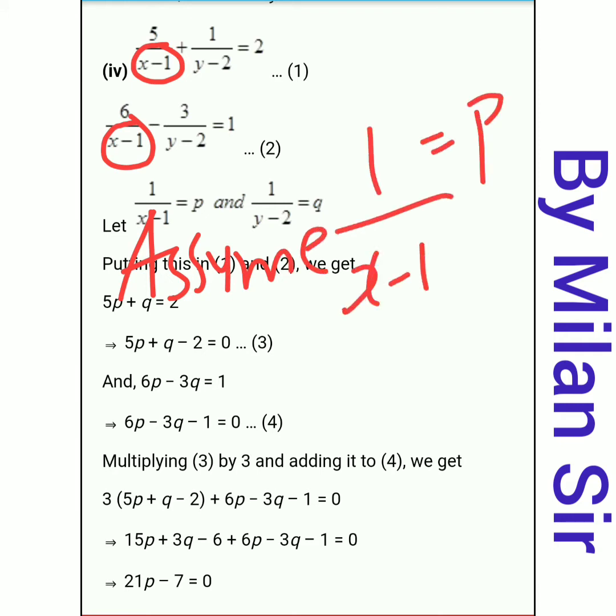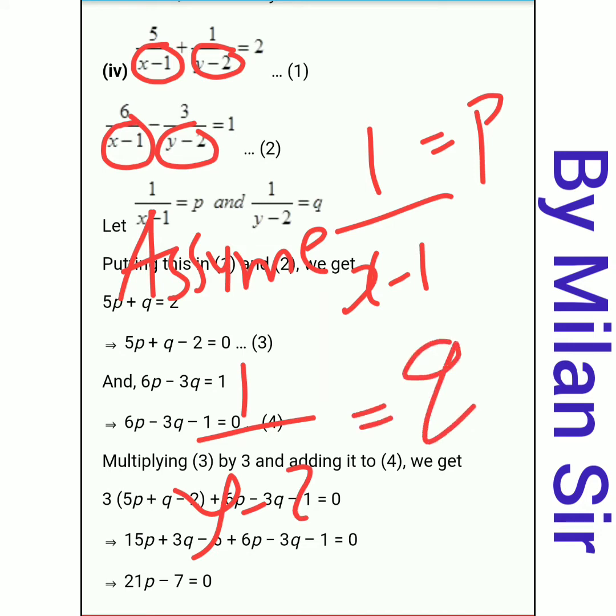Same thing for variable y, here y minus 2 is the same, so 1 upon y minus 2 is equal to q.